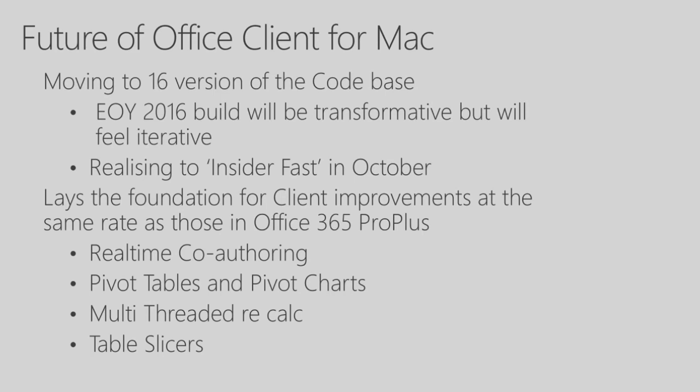So some examples of what we might see are on the screen there, such as real-time co-authoring, etc., pivot tables, pivot charts, things like that, where the Mac client has sort of fallen behind. Now, I'm sure, and you guys at the product group might be able to tell me more, that this is going to be a relatively slow process, but it does mean that those two builds will start to run in sync. And so that's something I think is really good news.